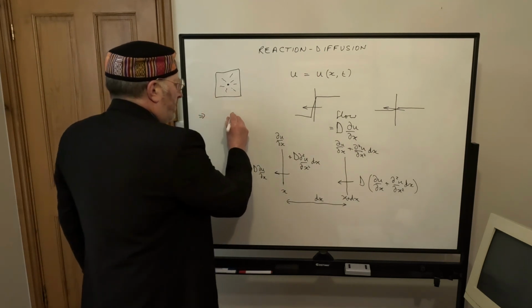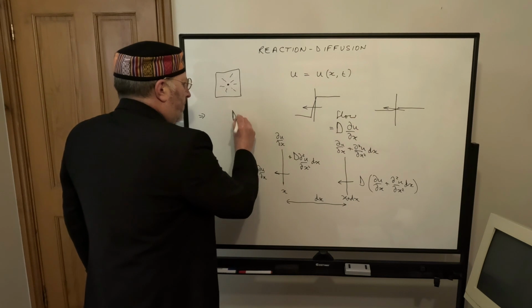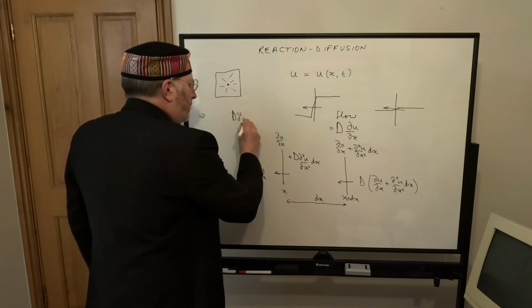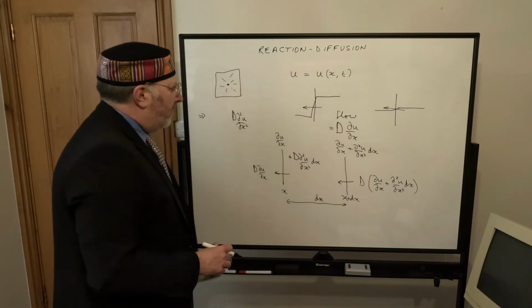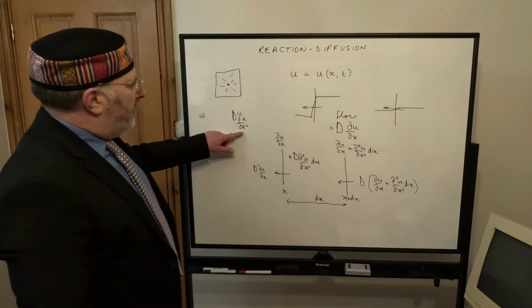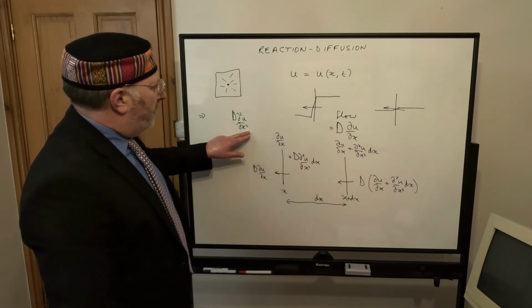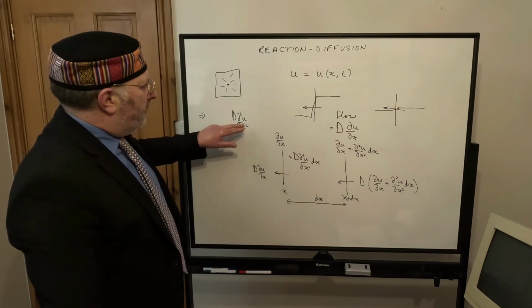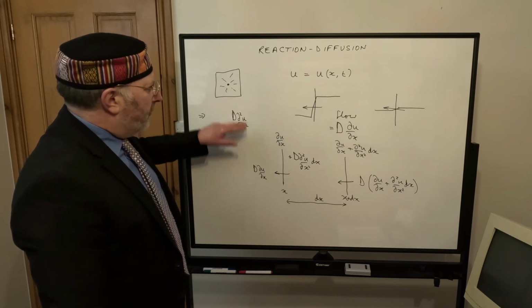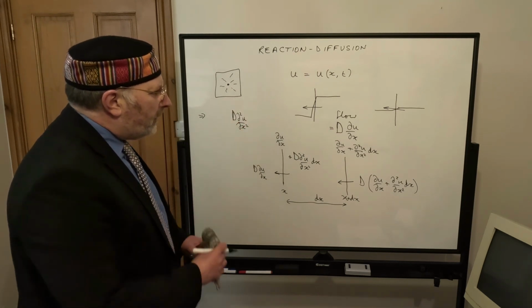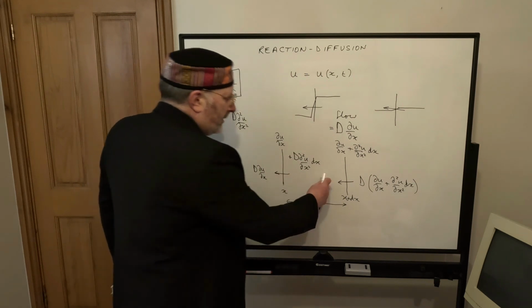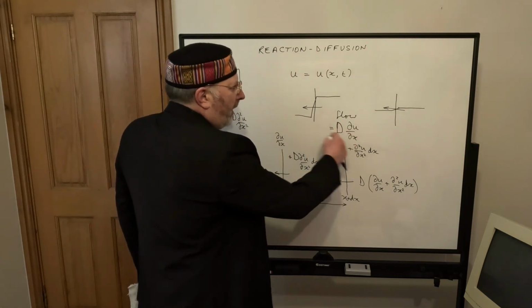So we've got d2u by dx squared. So we've divided by dx. This is the change in the concentration. Now this is the rate of change, remember, so we're saying that the flow is this.